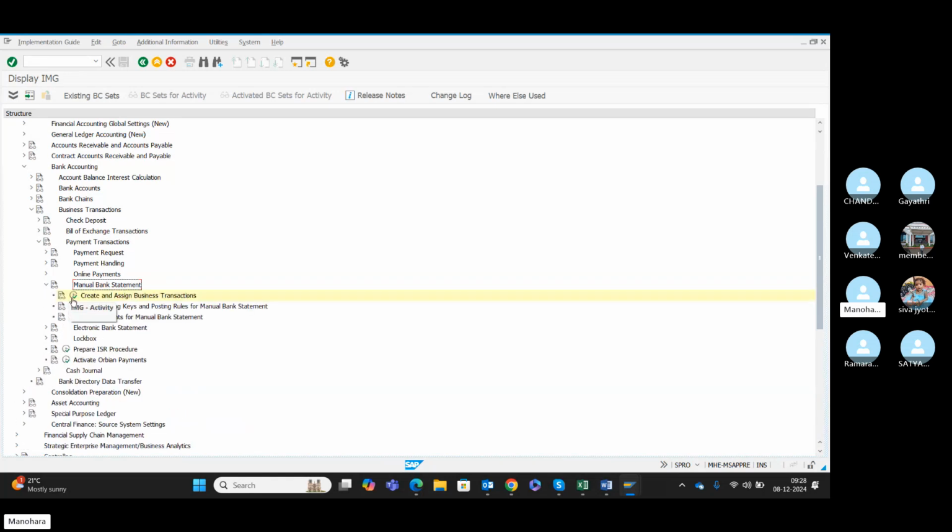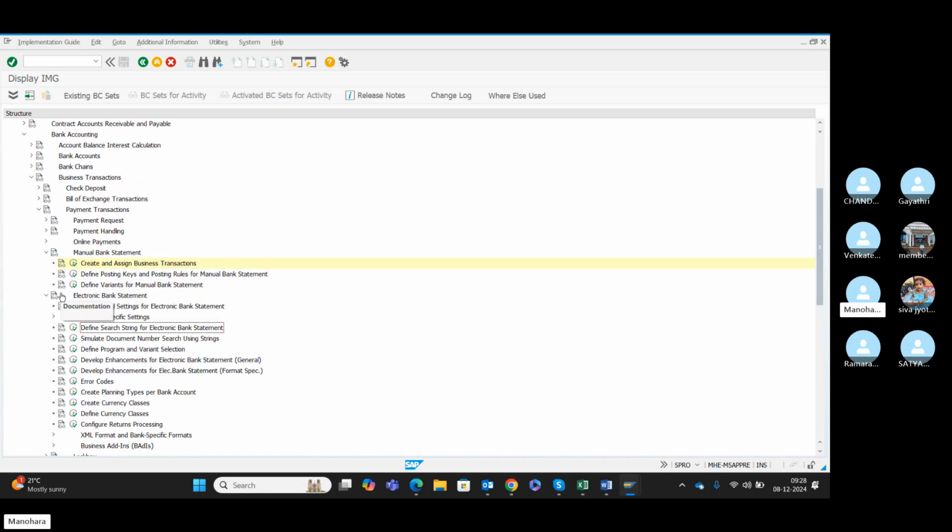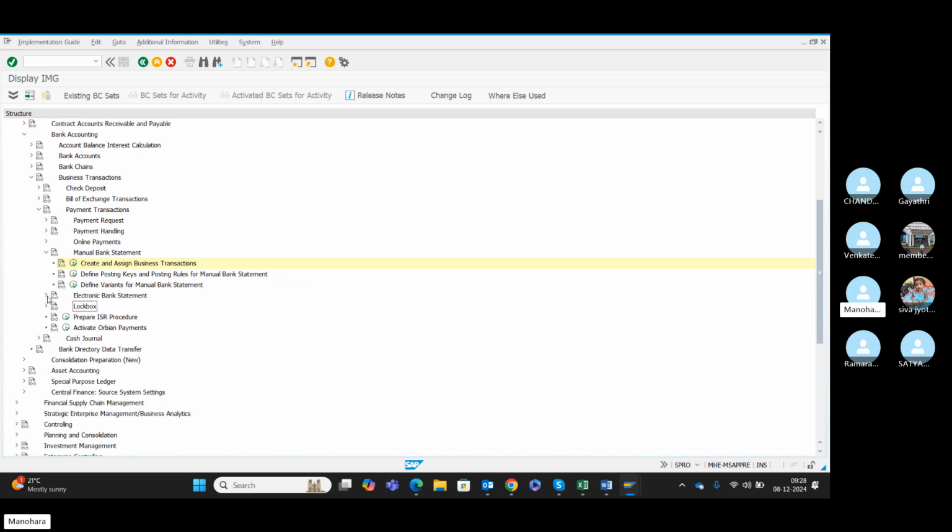There are only three steps in bank reconciliation, manual reconciliation, only three configurations, but they are very critical and difficult to understand. If you understand these three steps, electronic BRS is going to be very easy. So we have to understand this clearly.